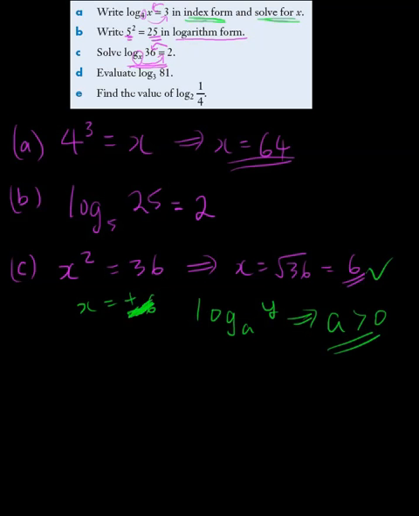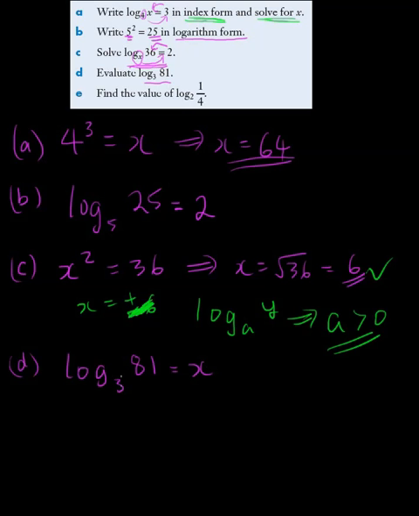So therefore x must be equal to 6, not minus 6. Let's go to another one. D, sorry. So we look at D. Evaluate log base 3 of 81. So we want to find what the value of this is. Remember, logs are powers, so this would be a power. So this would be log base 3 of 81 equal to some power. So let's say this power is x.